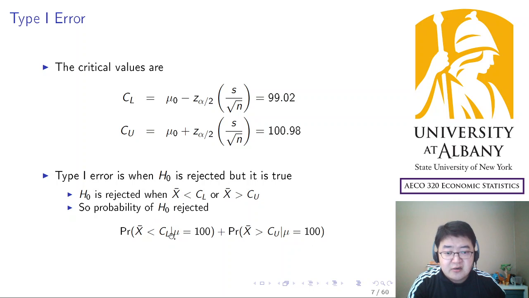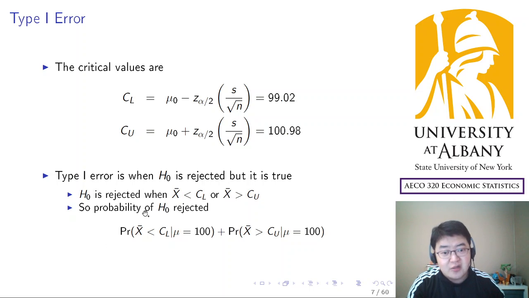I use the conditional notation, conditional on mu equals 100, because type 1 error was rejection of H0 conditional on H0 being true. H0 is true means the mean was 100. So that's the reason why I condition the probability on mu equals 100. So this probability is the type 1 error probability.